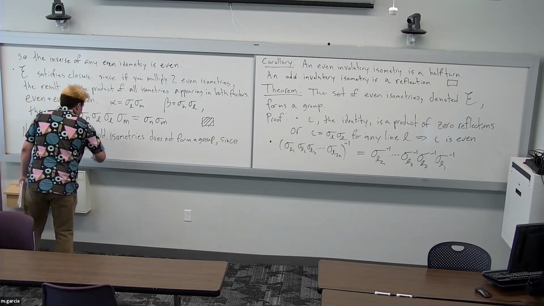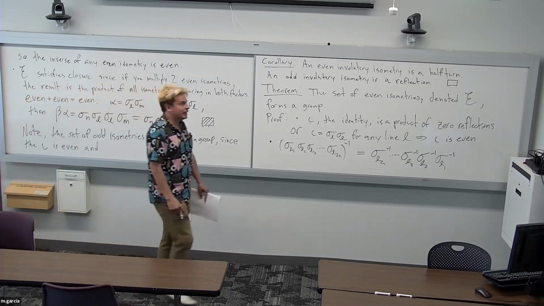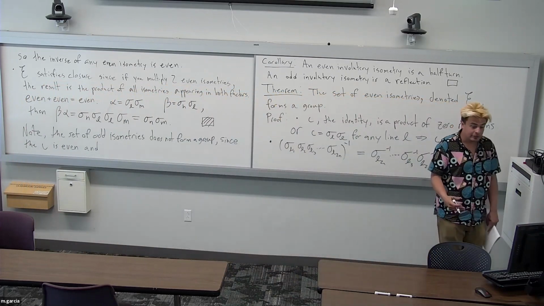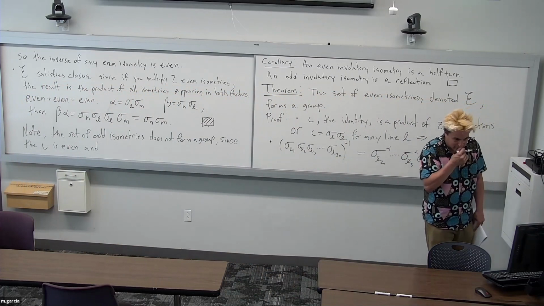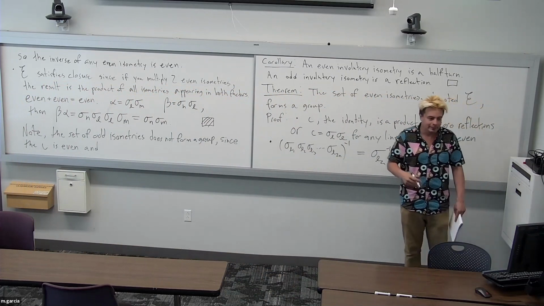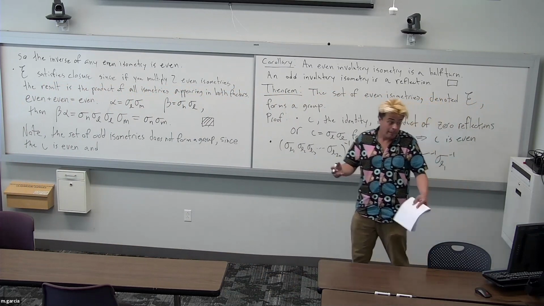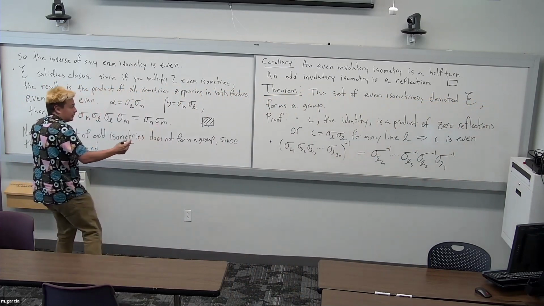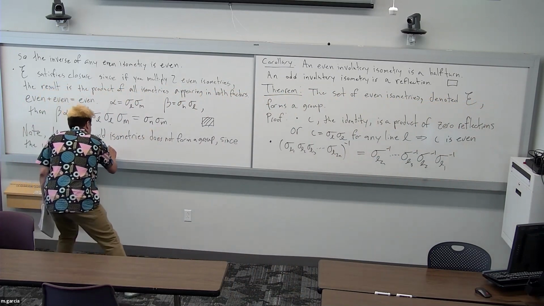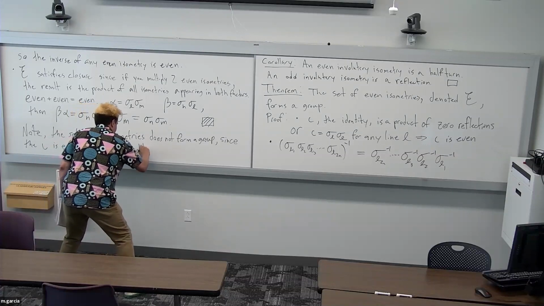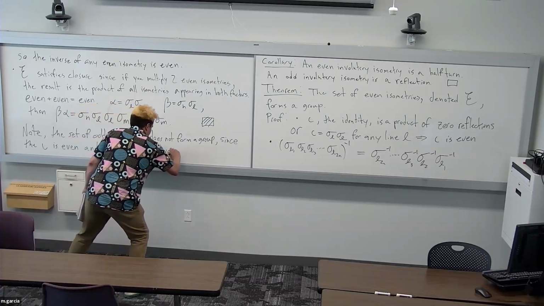And what if I take two odd isometries that are just reflections and multiply them together? Well, I get something that's, yeah, right. Thank you, Ian. Odd plus odd can be even, right? And so it's not closed, the set of odd isometries. And odd plus odd is even.